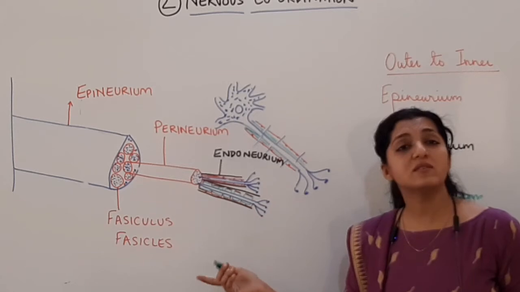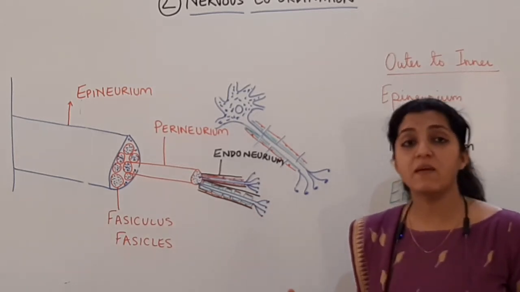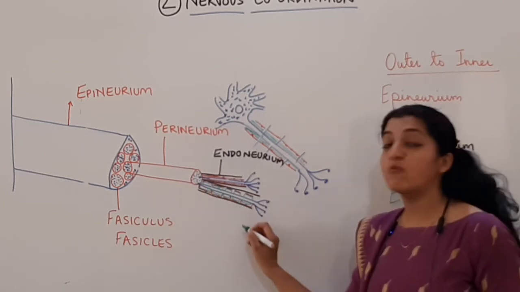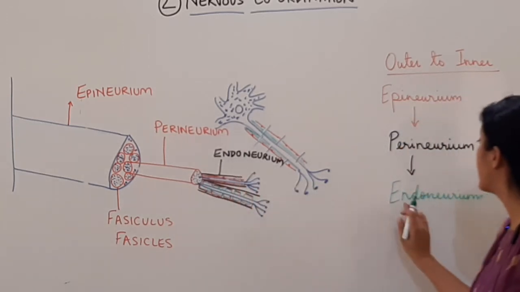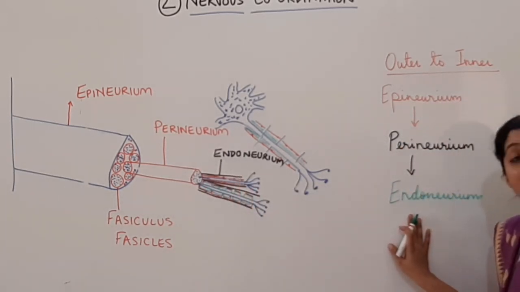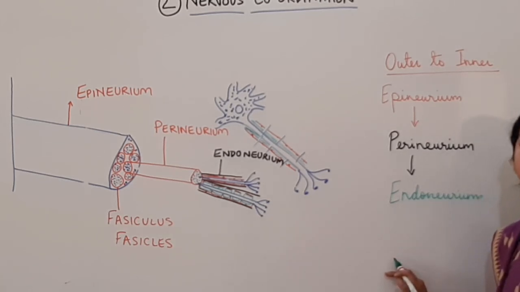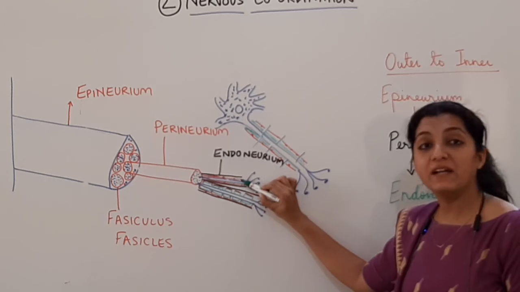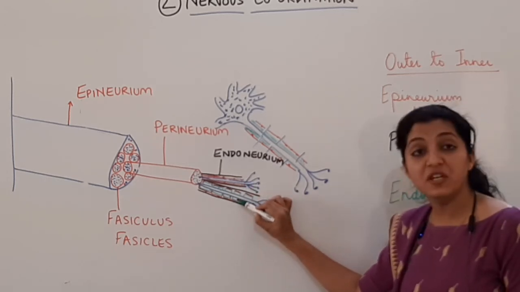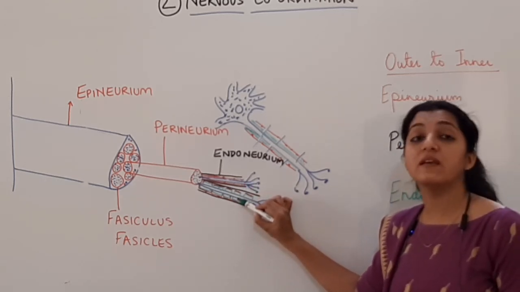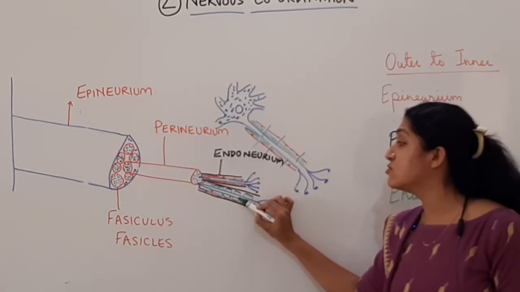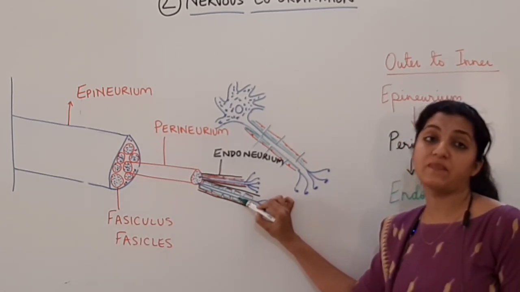ये bundles में बहुत सारे neurons रहेंगे, बहुत सारे nerve fibers रहेंगे. So these neurons, they are going to come out from here. इनकी individual covering होगी endoneurium. Now below the endoneurium, you are going to have the neurilemma, and you're going to have the myelin sheath if the neuron is myelinated, and below the myelin sheath you are going to have the axolemma.